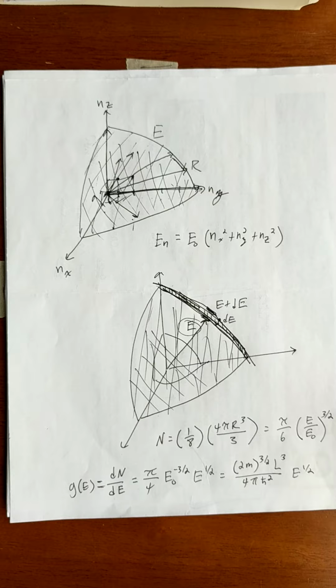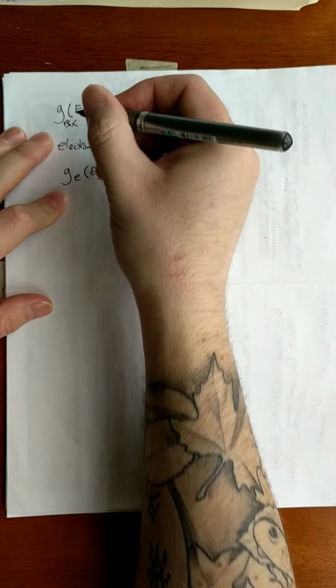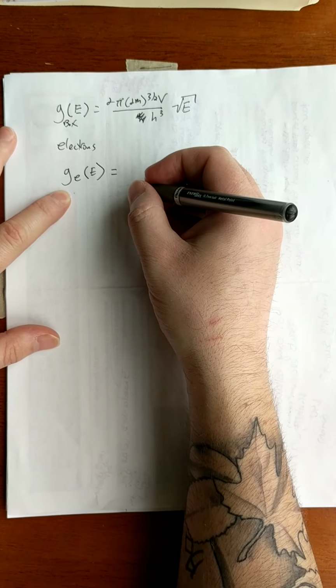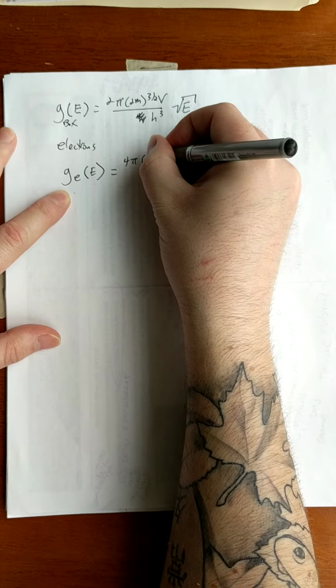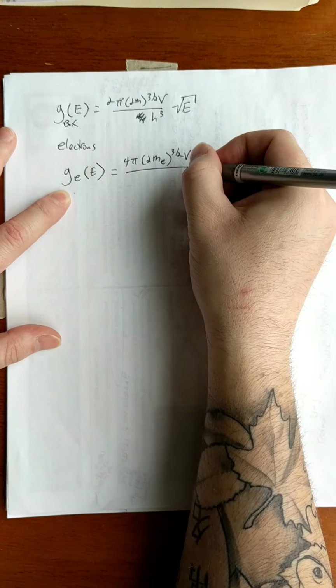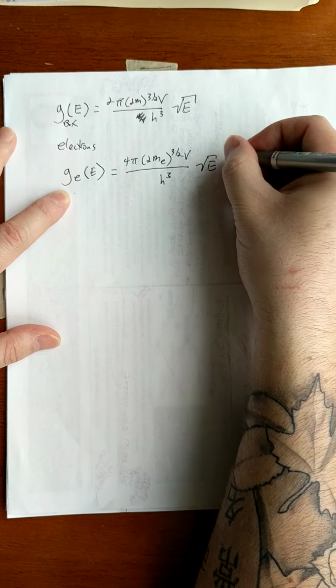But for electrons, there's an extra degree of freedom, which is whether they're spin up or spin down. So we could call this box just a plain box with no extra complications, and the density of states for electrons in that box, we're going to multiply by 2. So 4 pi (2 m_electron)^(3/2), volume of the box divided by h cubed, square root of energy. We're going to need this equation in a second.